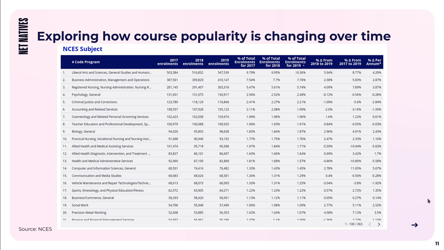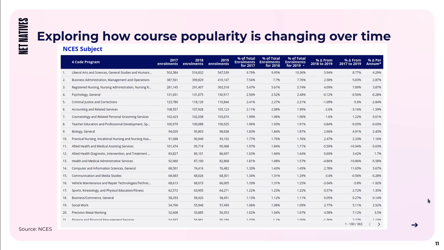Now, the final thing to look at here is how the subject in which the student audience is interested is changing over time, with the most popular subject being the liberal arts, and this growing by 4% per annum since 2018.